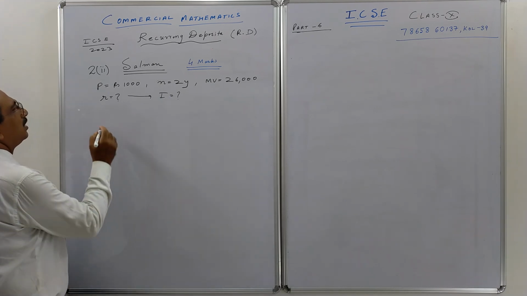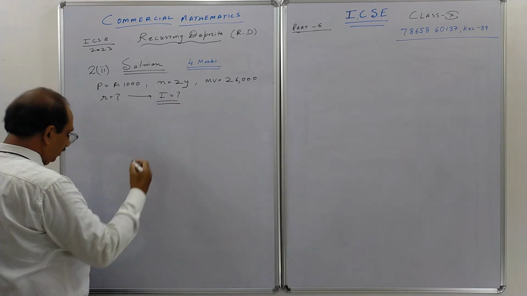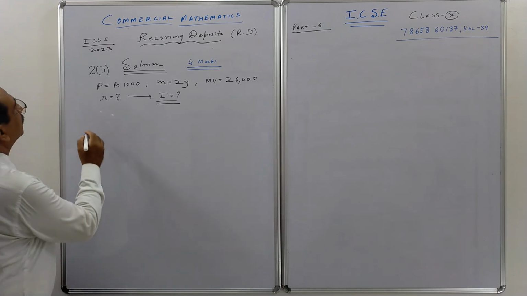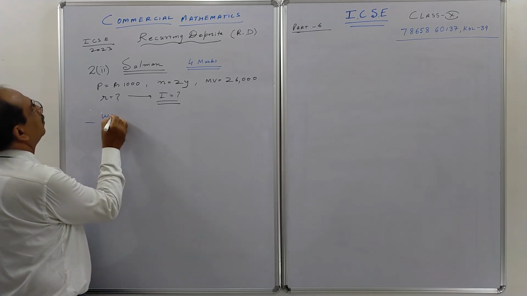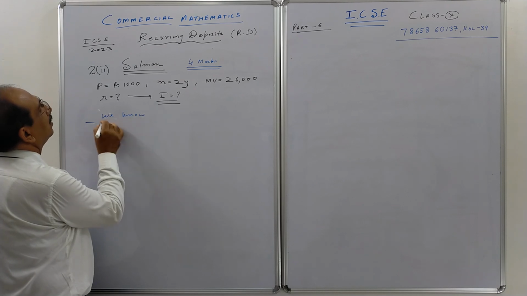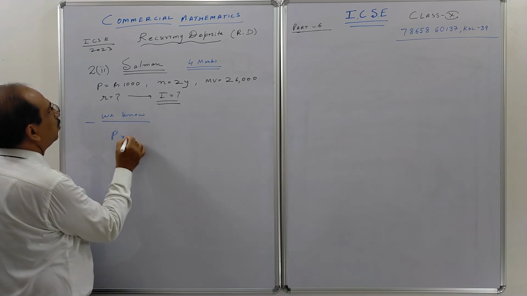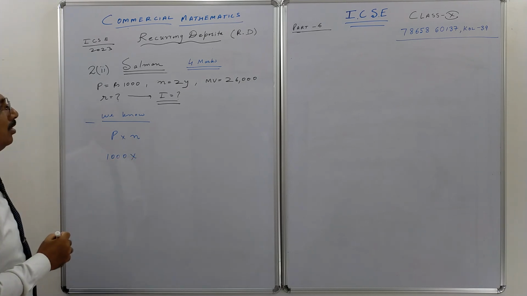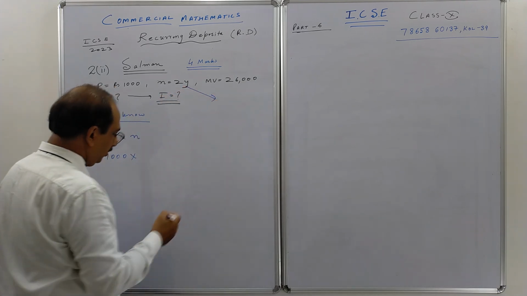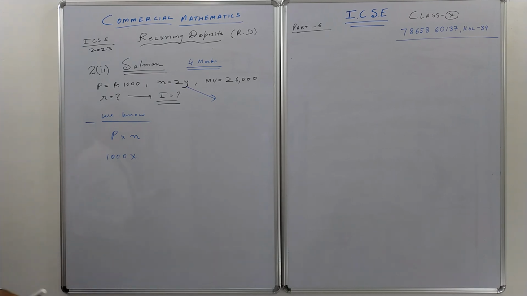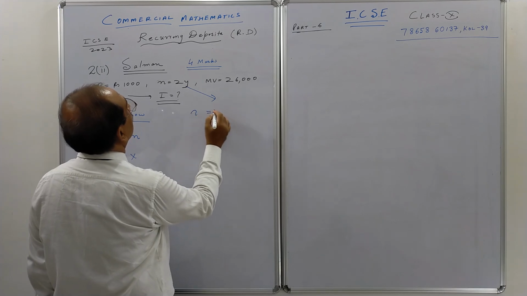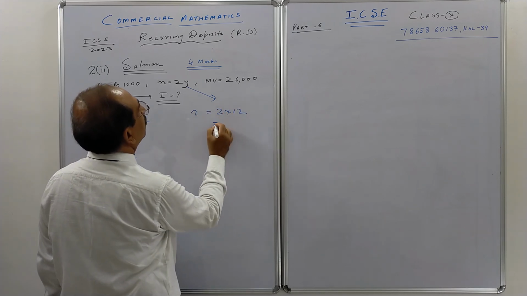To get the interest we should know the first formula. Salman's own money is 1000 rupees for 2 years. Before we do anything, children, we have to convert years into months.